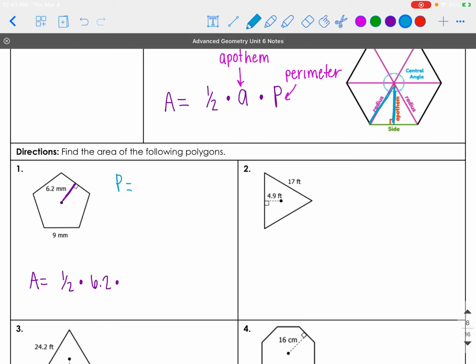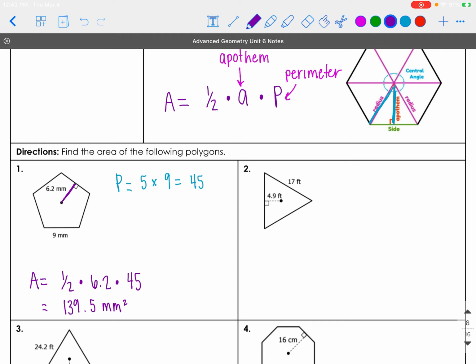There are 5 sides, and each side is 9 millimeters. So 45. So I'm going to add that to my formula. So 1/2 times 6.2 times 45 is 139.5 millimeters squared.